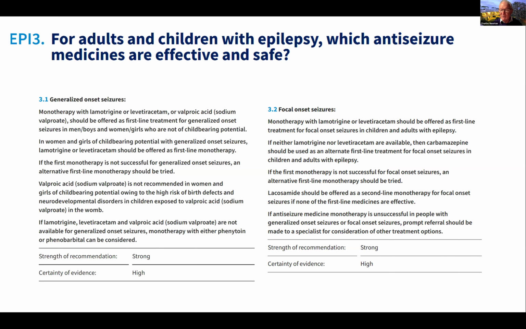Lacosamide should be offered as second-line monotherapy for focal onset seizures if none of the first-line medicines are effective. This is an expensive drug and is not widely available within many countries. If anti-seizure monotherapy is unsuccessful, people with generalized or focal seizures should be referred to a specialist for further consideration of treatment options. Again, the recommendations are strong and the certainty of evidence is high.